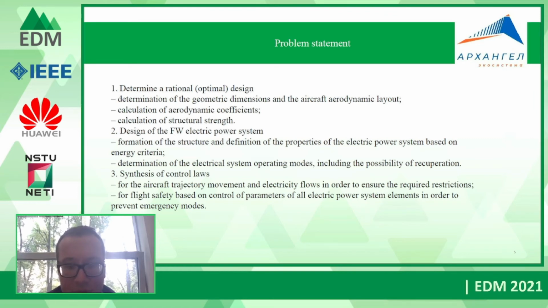So we need to define the properties of the electric power system and its operation modes, and of course including the possibility for recuperation. And the third, it's a synthesis of control law, how we can calculate the trajectory, and of course prevent all the emergency modes.